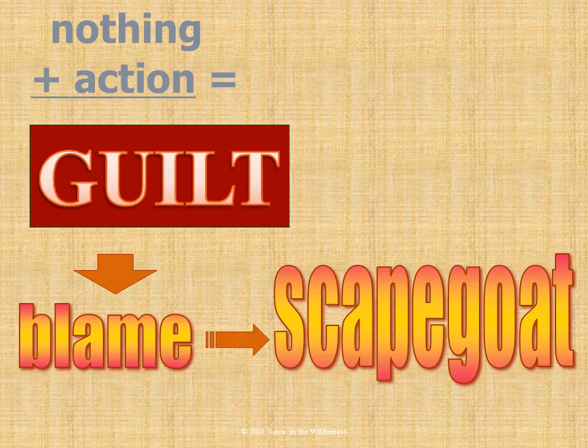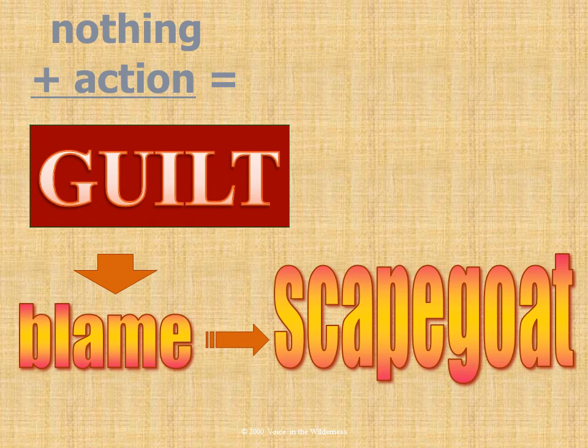Start with nothing. There's nothing there. You do something with the symbol, and you produce a substance of guilt, which results in the process of blaming and scapegoating. And where does that name scapegoat come from? It comes from those animals God killed to cover Adam and Eve's nakedness.